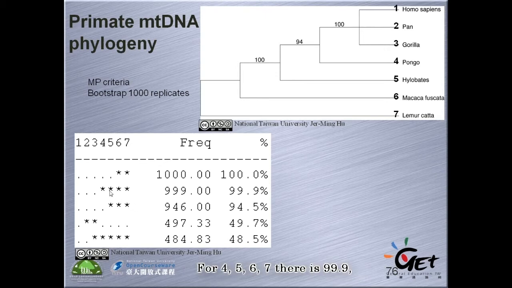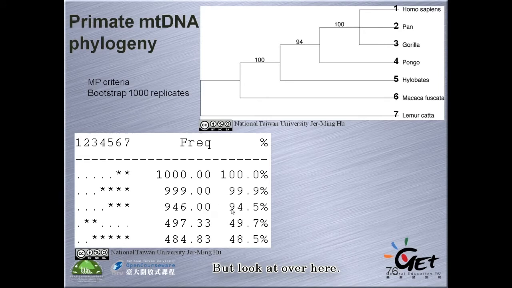For 4, 5, 6, 7, that's 99.9, so it's just rounded up to 100. There's no digit there. And for 5, 6, 7, there's 94 over there.